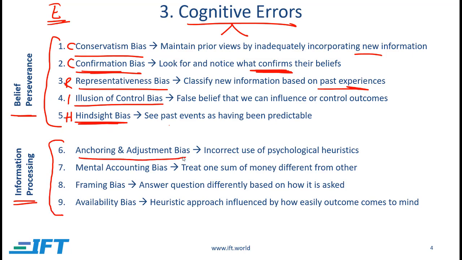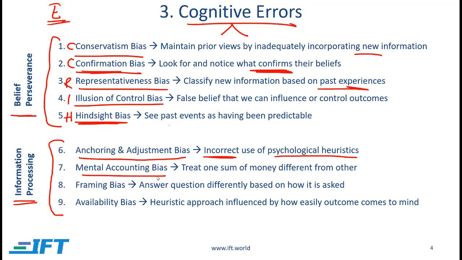Anchoring and adjustment bias. This involves the incorrect use of psychological heuristics. So heuristics are shortcut methods that allow us to easily reach a conclusion. If those shortcuts are being incorrectly used, then the bias is called an anchoring and adjustment bias.